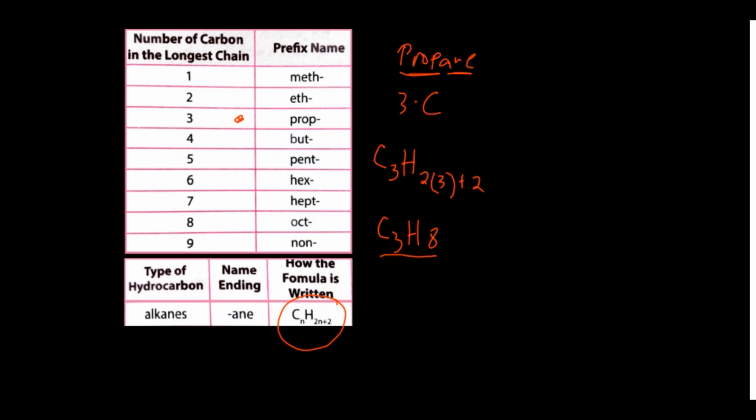And if you want to write its condensed formula, just like the previous example, you may distribute it like this: CH, CH, and another CH. So distribute 3, 2, 3. So this is the condensed way of writing the formula of propane.